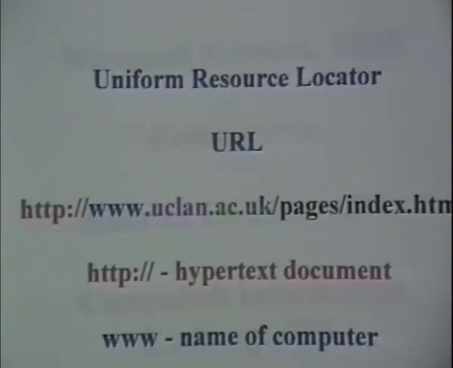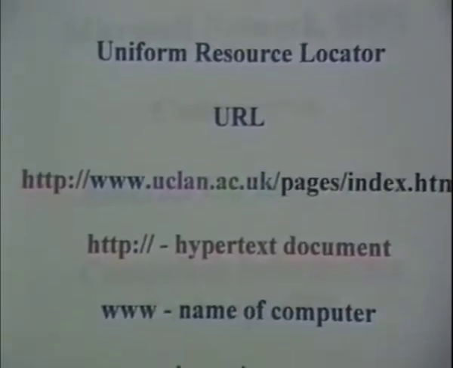And it has a uniform form. Here's an example. It always starts with HTTP. That means it's a hypertext document. I'll explain that in a moment. It then follows by the name of the computer, which depends on what the site itself has called its computers. www is an obvious one. Then is the name of the site itself.